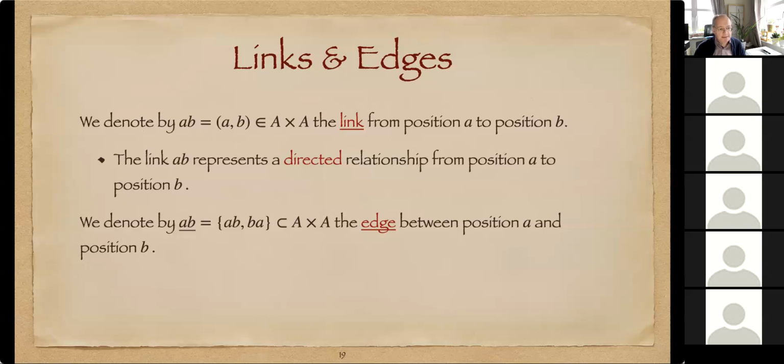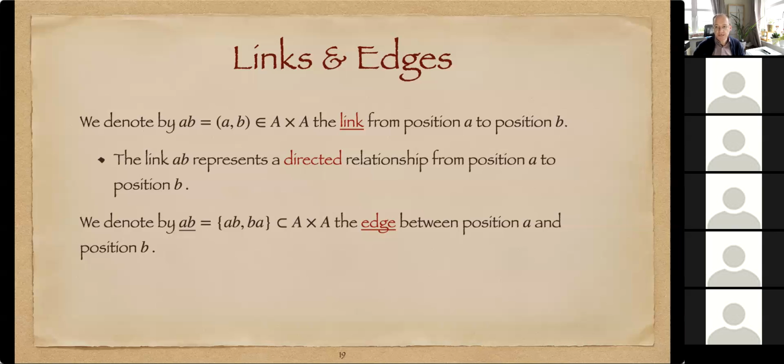Well, we describe that by just combining link AB with link BA, and so I put that together into a set. So AB underlined is that both AB and BA are assumed to be there.